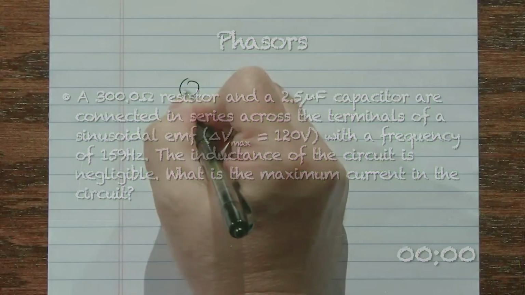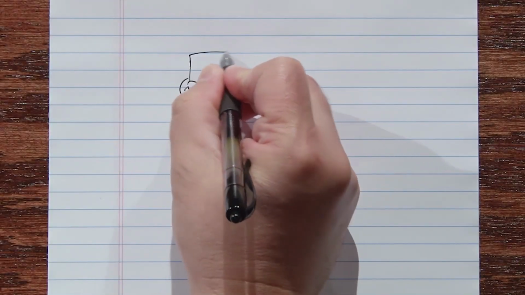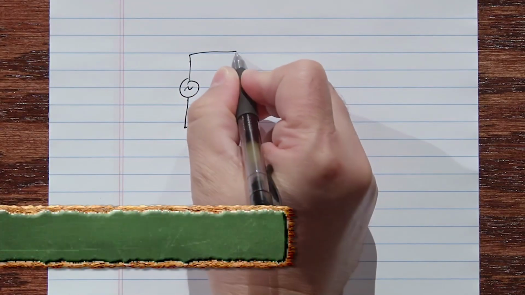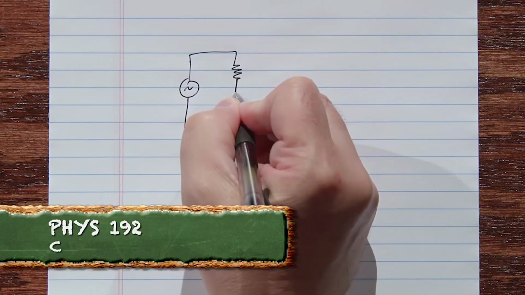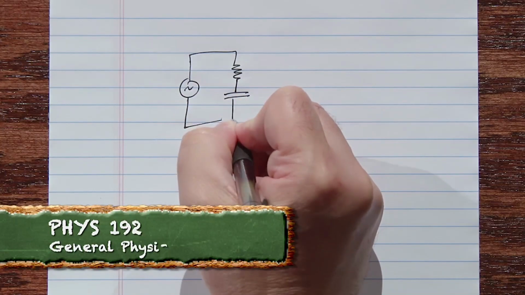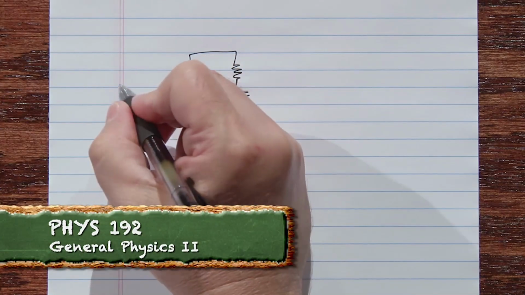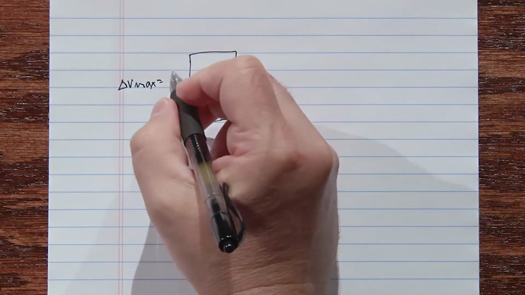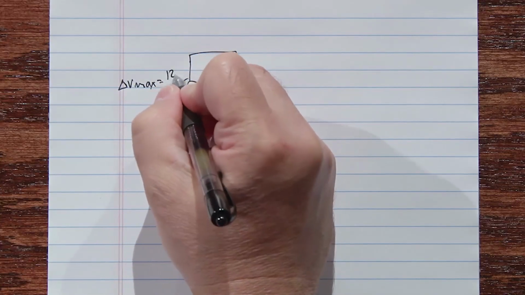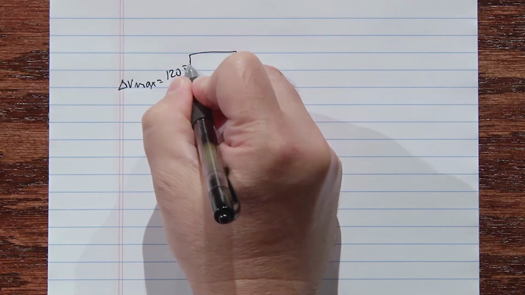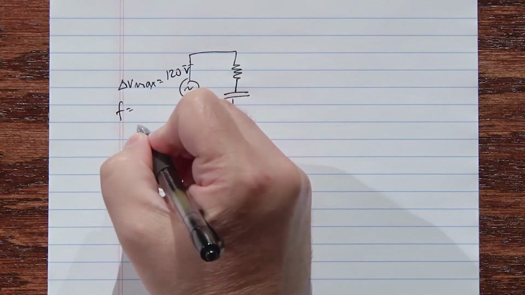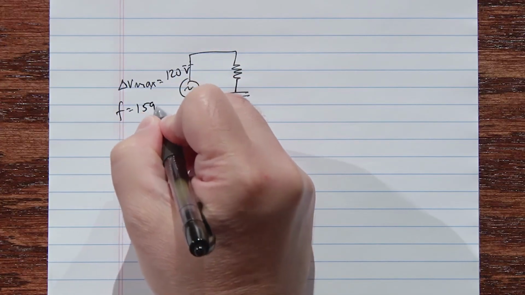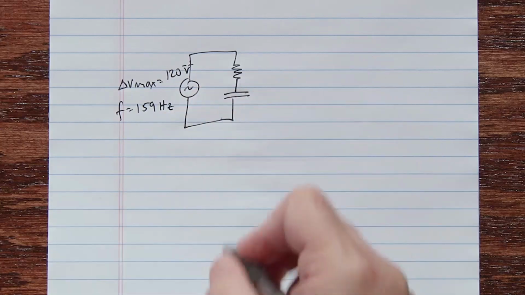Here's our alternating voltage source, or alternating EMF source, and we have a resistor and a capacitor. So delta V max is equal to 120 volts. The frequency is 159 hertz.